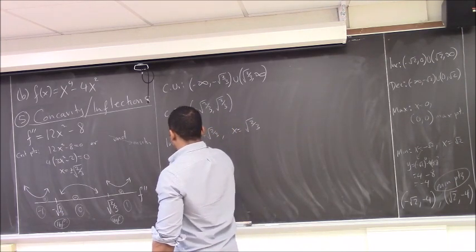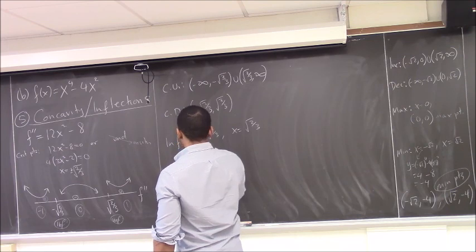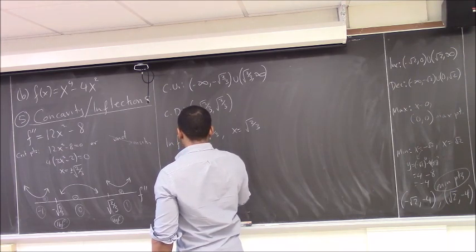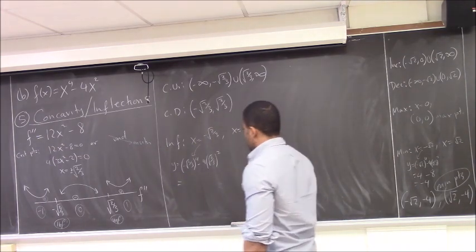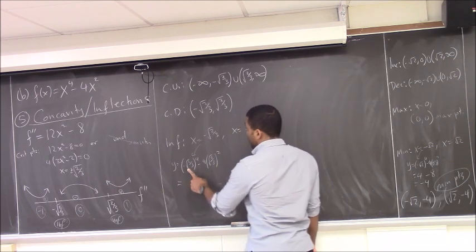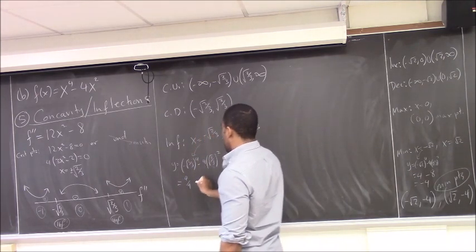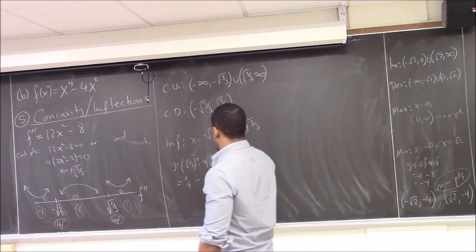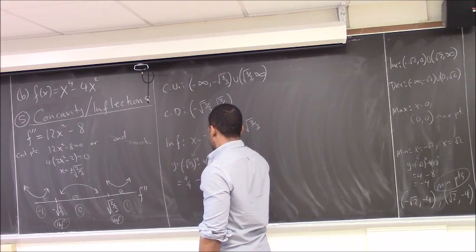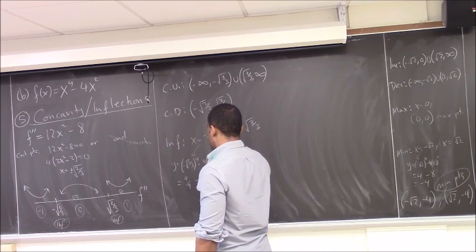This one would tell you the y value is minus radical 2/3 to the fourth minus 4 times radical 2/3 squared. So if you square this, you get 2/3. Square that again, you get 4/9, minus. You square this, minus 8/3, which is what? 24/9.